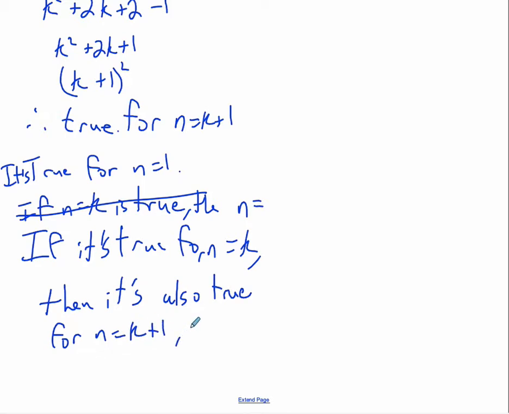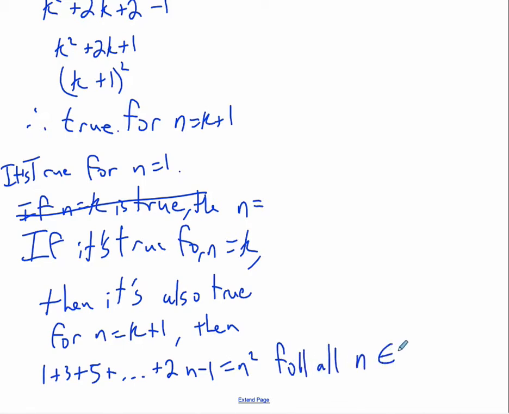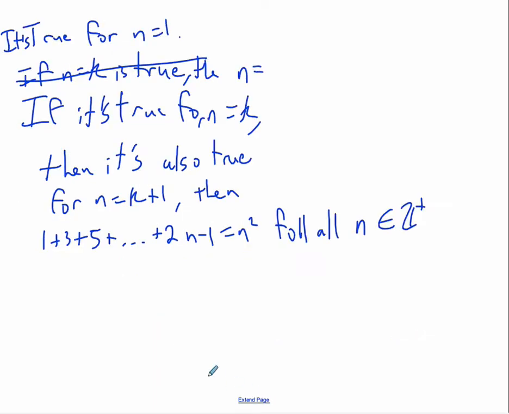That's what we proved. Then it's true for all integers by the principle of mathematical induction. So then 1 plus 3 plus 5 plus dot dot dot plus 2n minus 1 equals n squared for all n in z plus by the principle of mathematical induction.